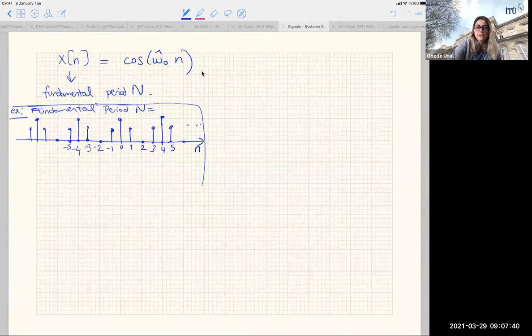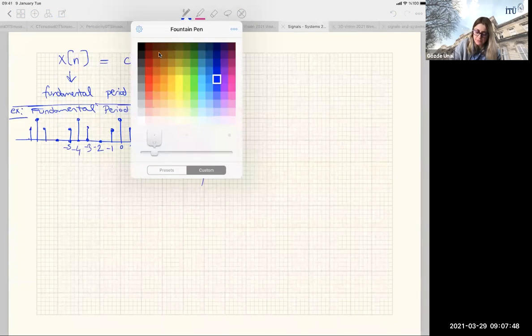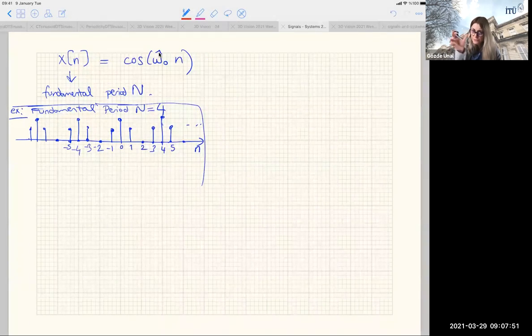Yes, 4. Thank you, guys. Exactly, N is 4. Just look at this: in which intervals is the signal repeating itself? You can pick the distance between the two peaks. It's 4, and it repeats itself every 4 samples.